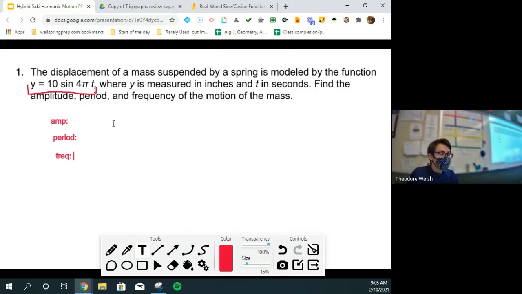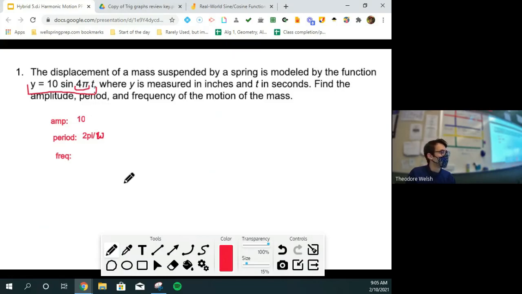Amplitude is just our multiplier on our trig function. We are multiplying it by 10, so our amplitude should be 10. To find our period, we take 2 pi and divide it by omega, which we used as our symbol in the previous slide, or you can think of it as B. It's that multiplier on t.